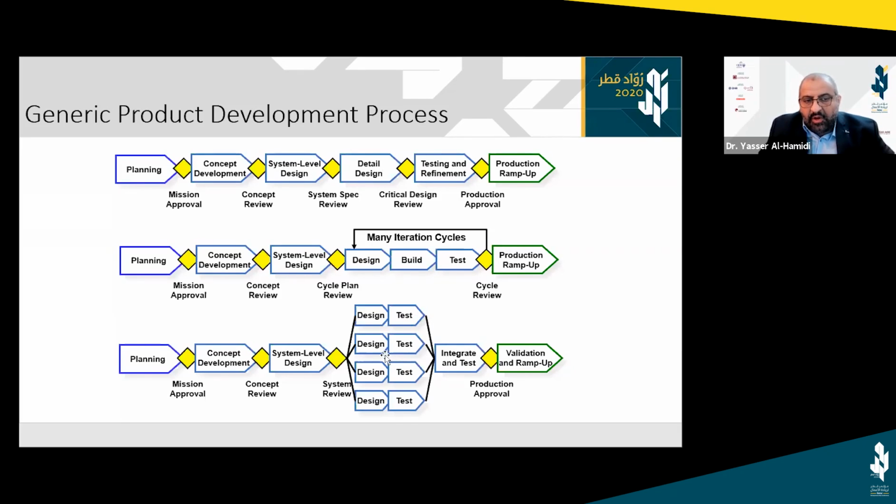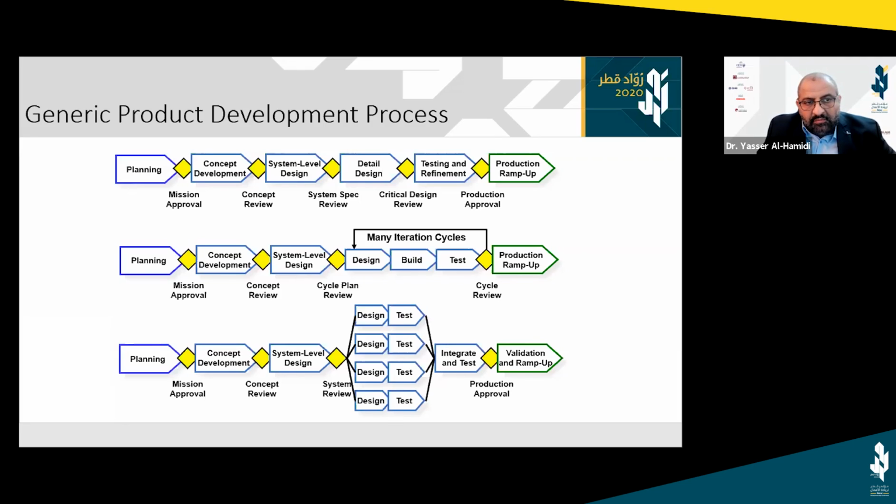And for some other complex products, the nature of the product will force you somehow to decompose and divide this product into different subsystems, and then there will be a different team which will be handling each of these subsystems before they decide to integrate all of these to come up with the whole product.